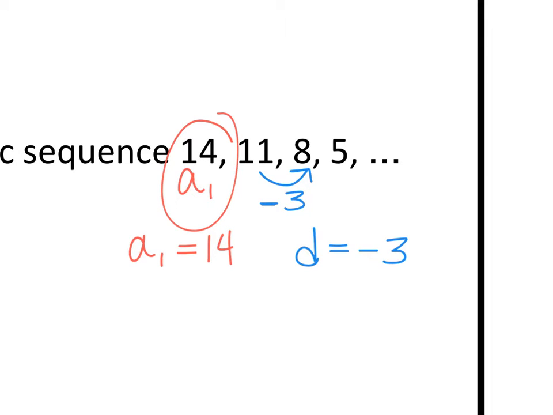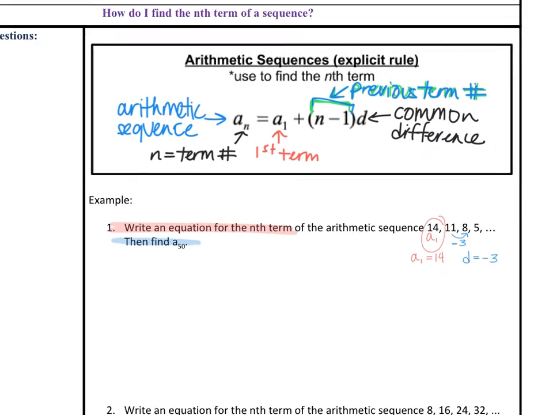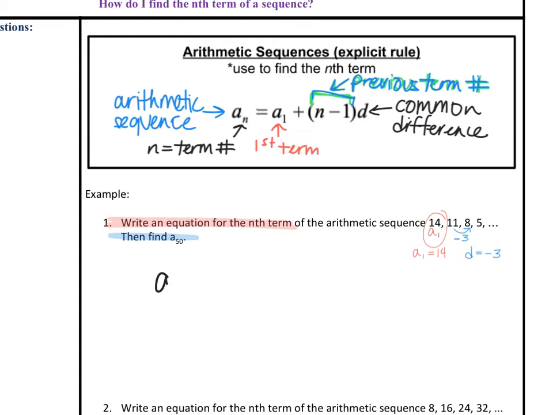First thing, write the equation. So we're going to use this equation we just wrote down to find any number n. You take the first term, which is 14, and you add n minus 1 times the common difference, which is negative 3.